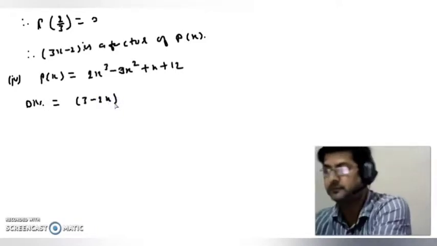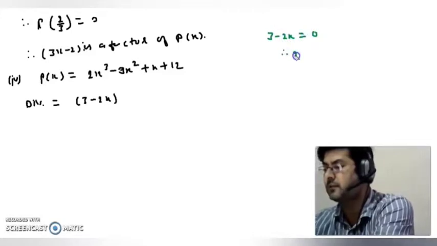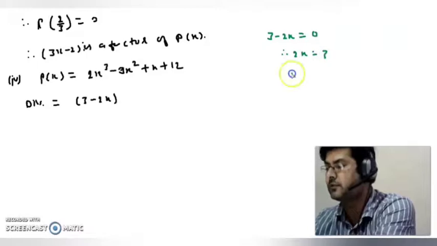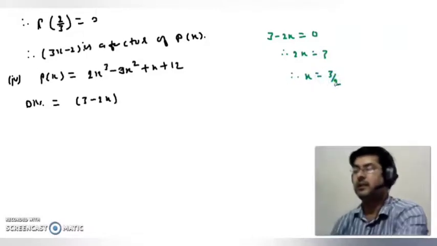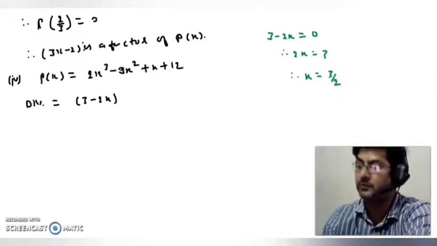Okay, we know that when 3 minus 2x is equated to 0, we get 2x is equal to 3, or the value of x is 3 upon 2, and therefore the remainder will be P of 3 by 2, yes or no?